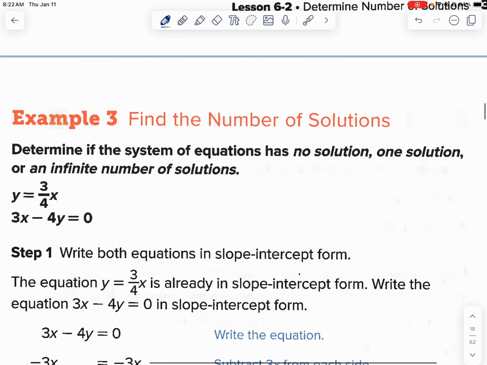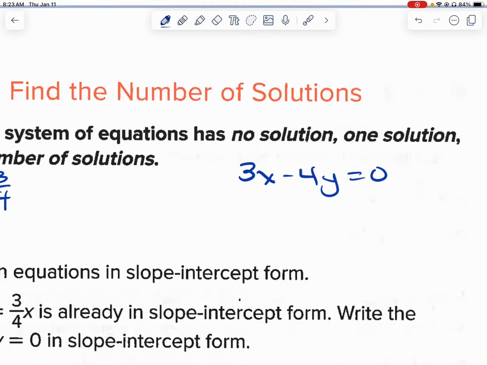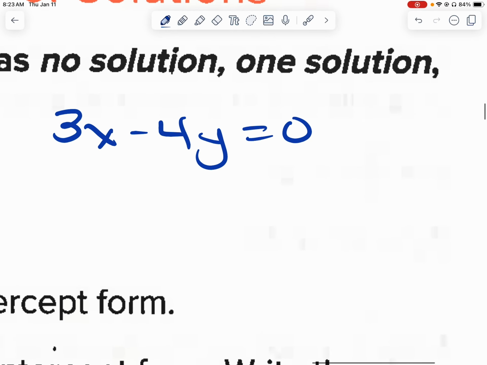Okay, let's go to this next one. This first one has a slope of 3/4. But this next one doesn't have it in y equals mx plus b form. So I have to move it and make it into y equals mx plus b form. So I'm going to subtract 3x from both sides. I'm going to get negative 4y.